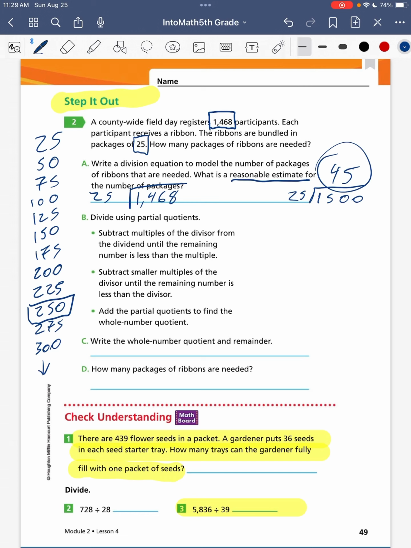How many times can 250 go into 1,468? Well, at least 250, 500, 750, 1,000, 1,250. Okay, so 1,250.